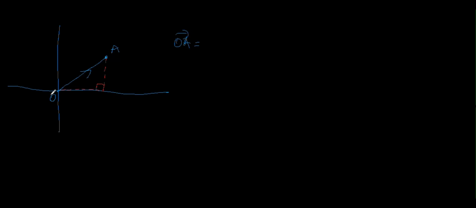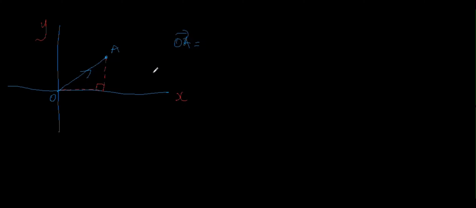So the line OE and this dotted line, which is the direction in the y-axis, and this dotted line, which is the direction in the x-axis, could be described by a right angle triangle.